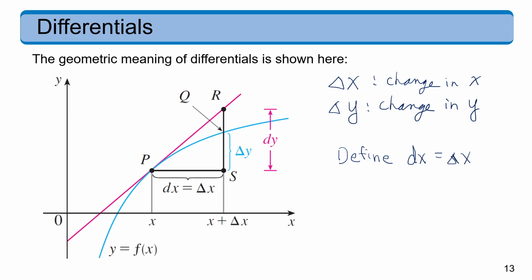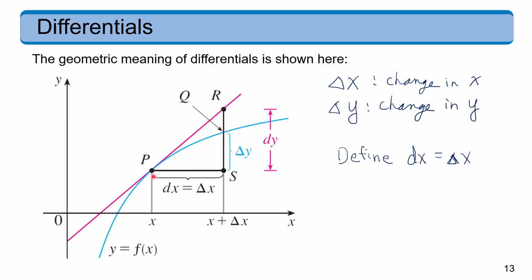Delta y is the one that requires a little more thought. So in our picture, we've moved from here on the x-axis over to here. Each of those points has a corresponding point on the curve. And so the y values changed as a result, or sorry, I should be looking at the curve, not the tangent line. Right? So as a result of changing x, the y value changed.